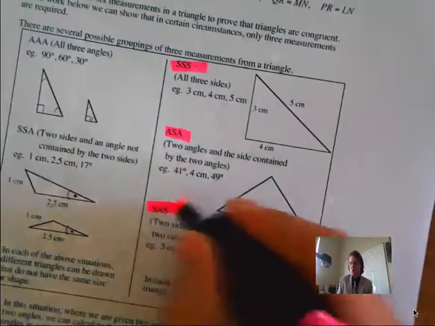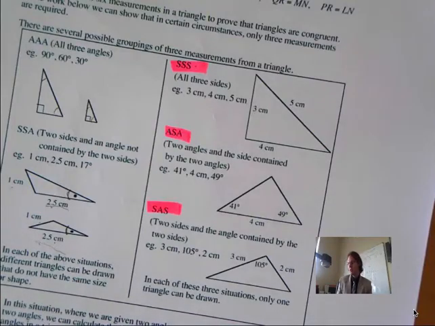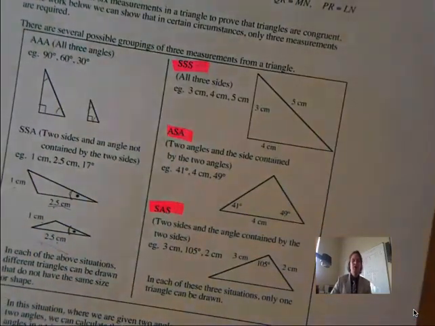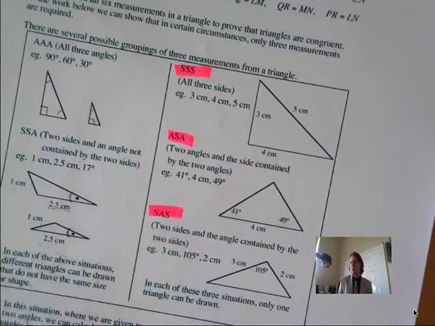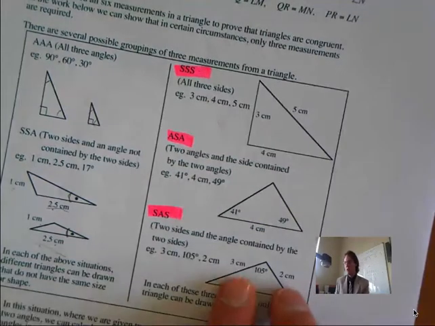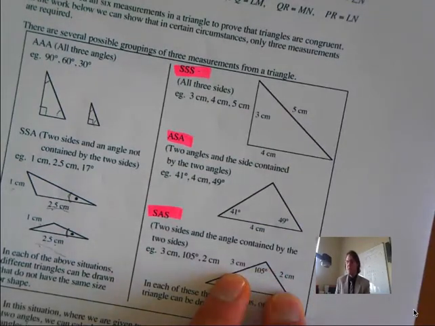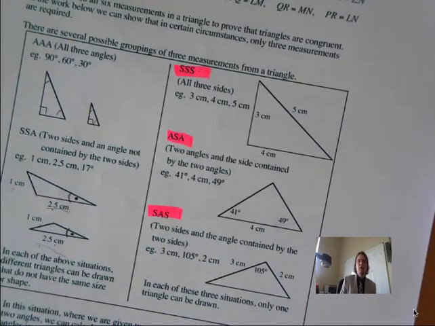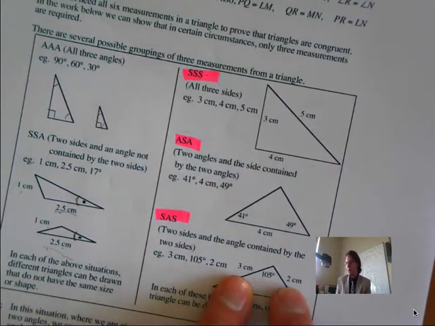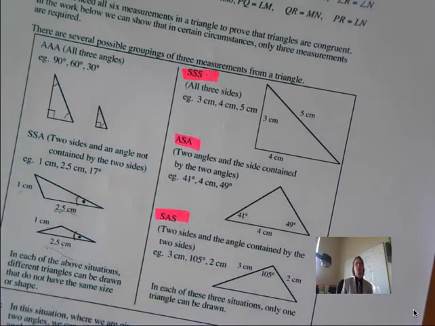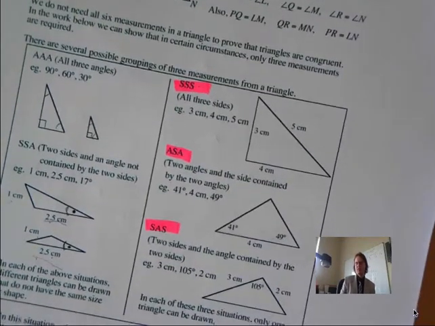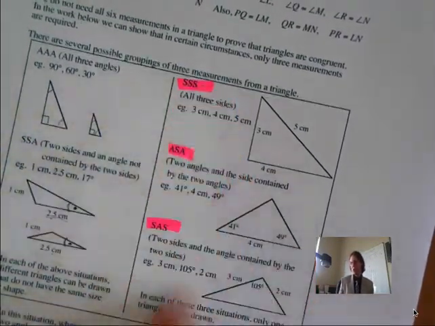Now this one here looks a lot like the no-no of side-side-angle, but this one's allowed to work because if we look at it, the angle must be in between the two sides. You did this way back in grade 9, okay, in grade 8 a bit. So the angle must be right in between our two sides in order for it to be congruent. Okay? So these are your laws for congruent.